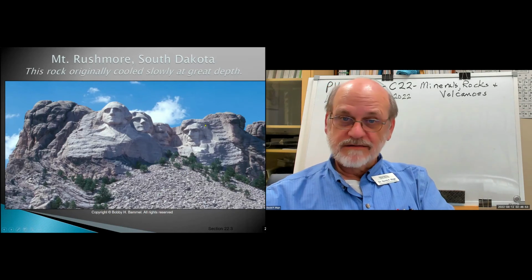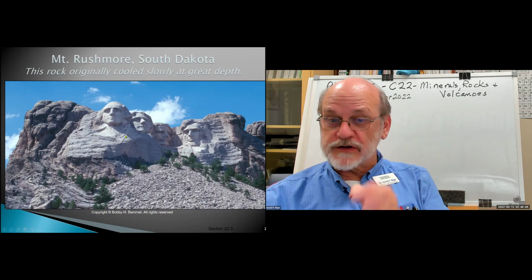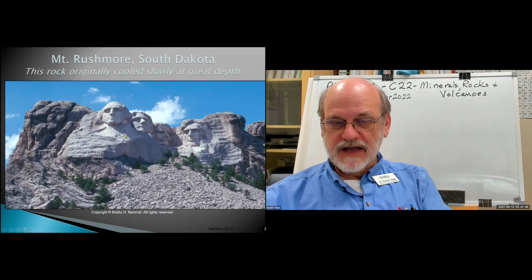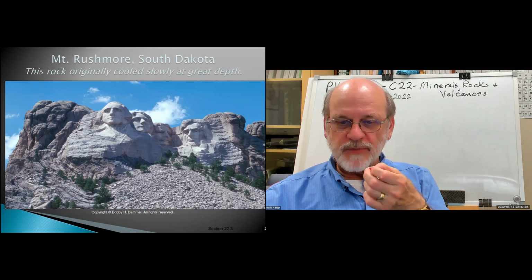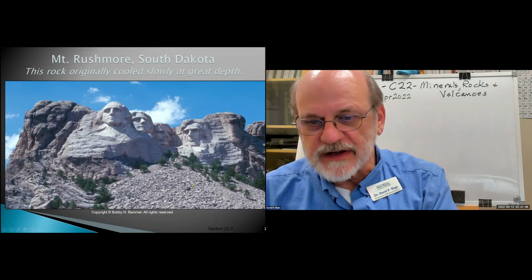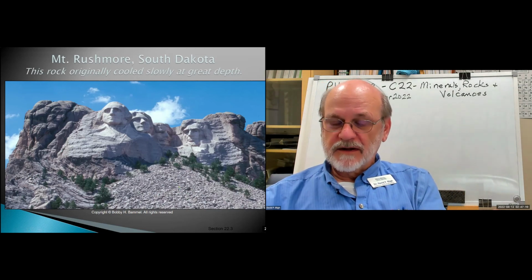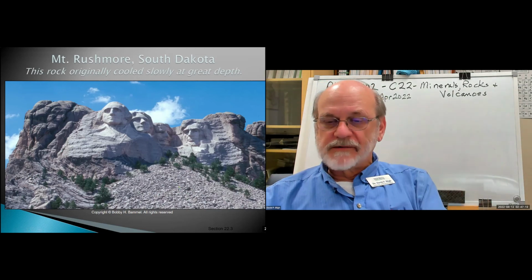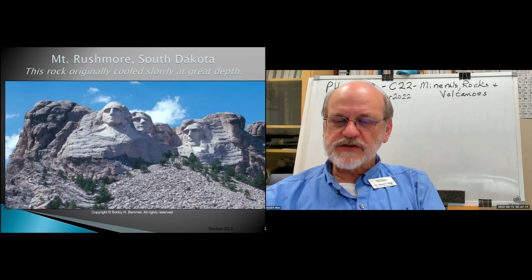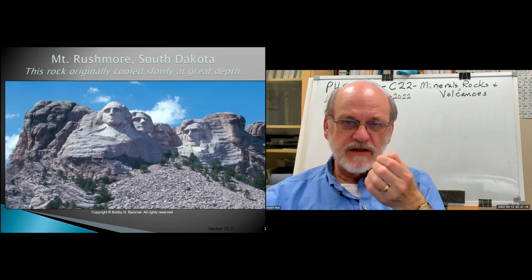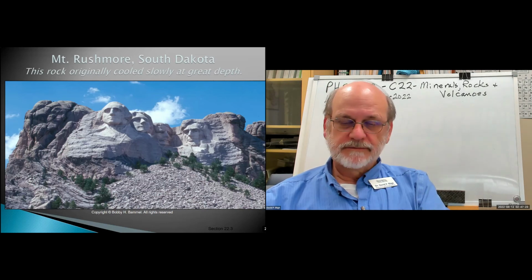This rock was part of Mount Rushmore, cooled very slowly. And you can tell that because all you have to do is chip off a piece or just go down to this area down here, the tailings from the sculpting, and just pick up a piece of it and look at the crystal structure with your microscope. And you can see that the crystal sizes, the particle size is very small.